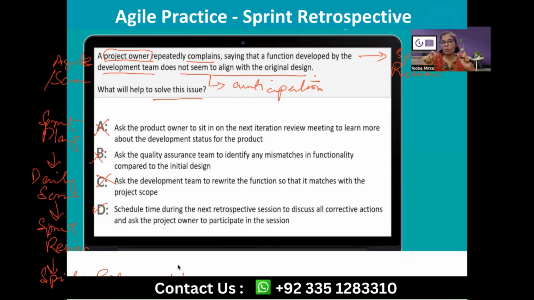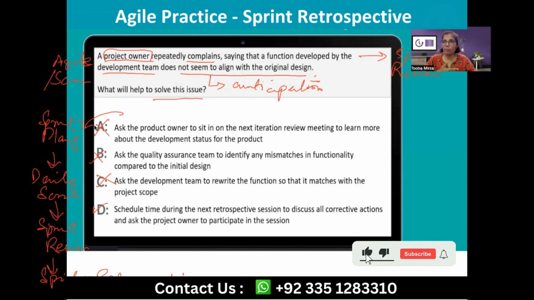Now, the product owner that they are referring to is a definite member where he brings the prioritized product backlog and talks about what should be done in a sprint from the customer perspective. He communicates that prioritized backlog knowledge to the team, and with their alignment, they articulate a sprint backlog.